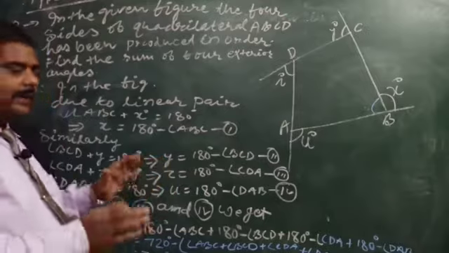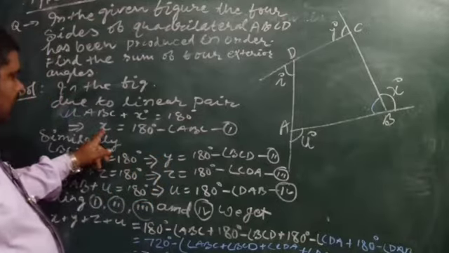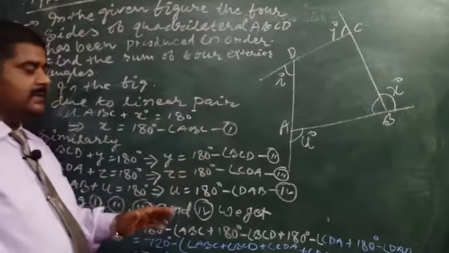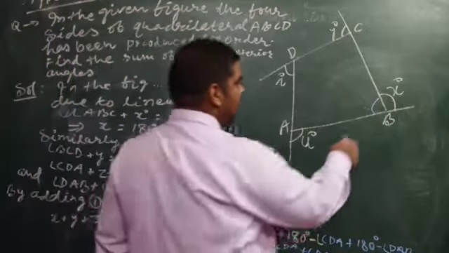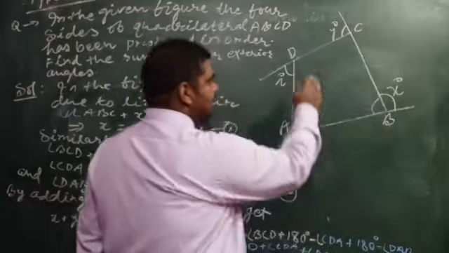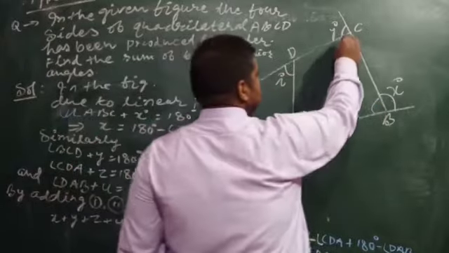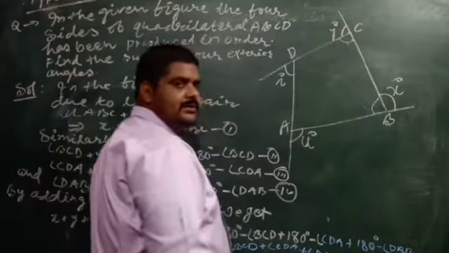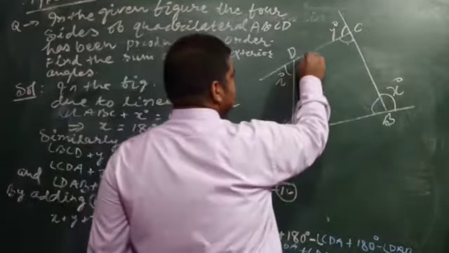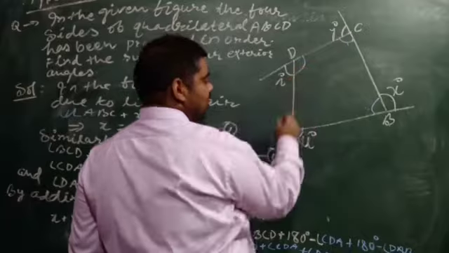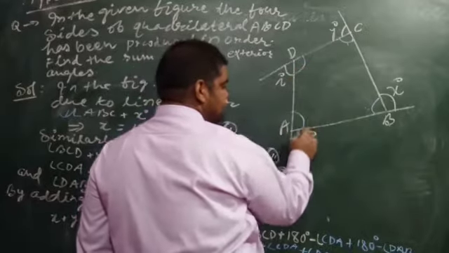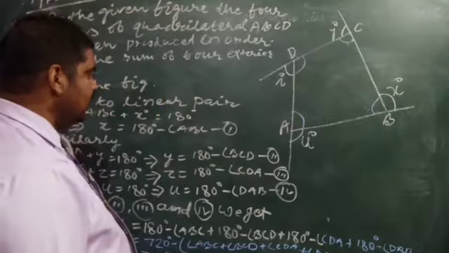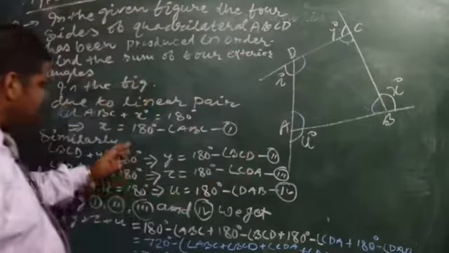This property you have to use for the linear pair, and x is equal to 180 degrees minus angle ABC, and after that you have to apply the same property in all such cases because the sum of these two angles is also equal to 180 degrees due to linear pair. The sum of these two angles is also equal to 180 degrees, and the sum of these two angles is also equal to 180 degrees.